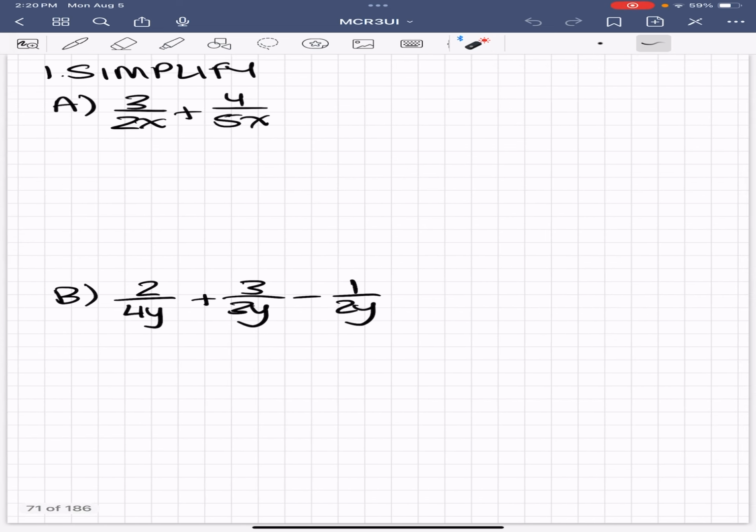Okay, let's begin. So I believe our common denominator, our lowest common multiple, would be 10x. So we're going to multiply each piece by a conjugate, and let's do it.